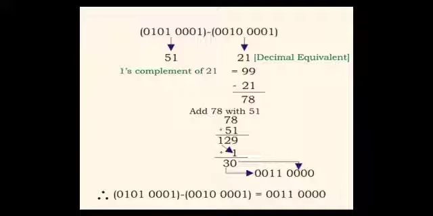The binary equivalent value of 3 is 0011 and the binary equivalent value of 0 is four zeros. Therefore, 0101 and 0001 is nothing but 51, minus 0010 which is 2 and 0001 which is 1. Okay, 51 minus 21 gives 30.